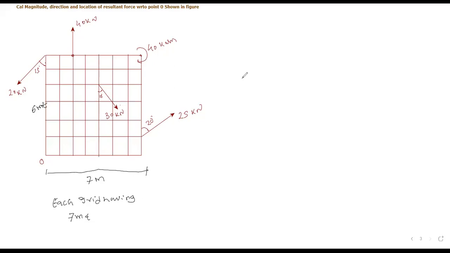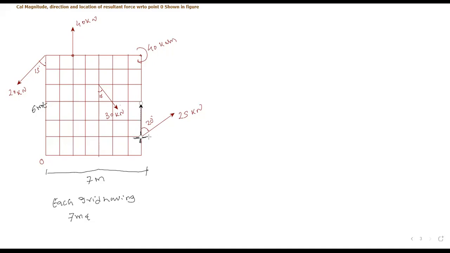Okay, chalo. First of all, we resolve the force in x and y direction. Same procedure will follow. Again to know quadrant of the force, we will draw random x y axis at point. This force is in first quadrant. Resolution done in a first quadrant only. This is your y direction resolution.